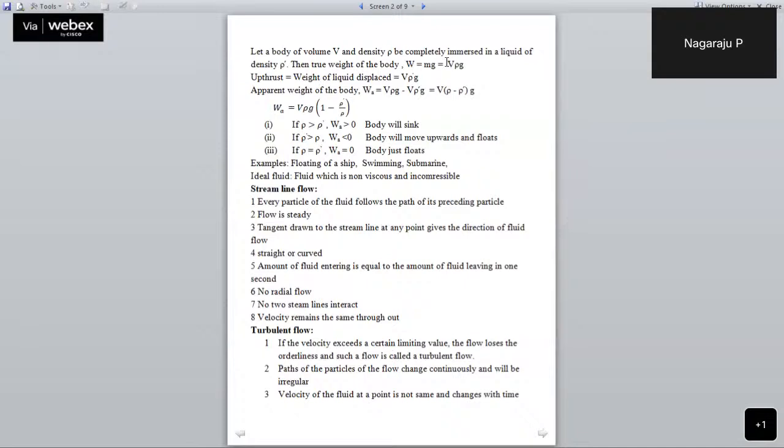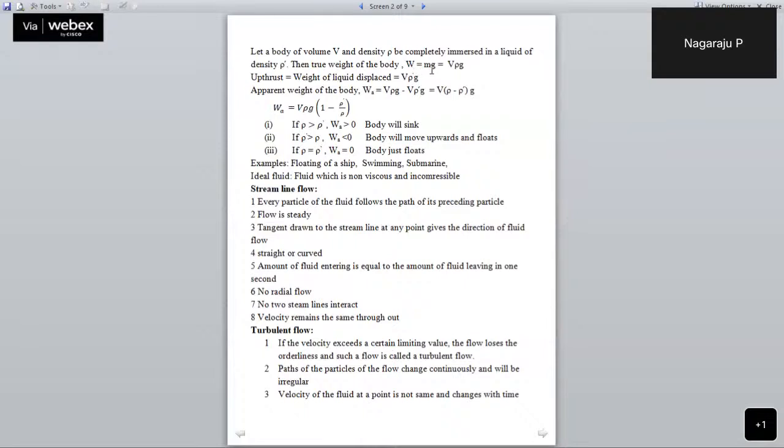In order to find out, we take a body of volume V completely immersed in a liquid of density rho dash. The apparent weight is equal to the true weight minus the upthrust. The true weight of the body is W equal to mg.